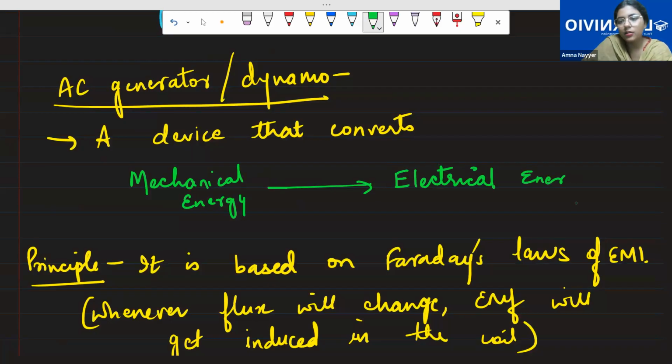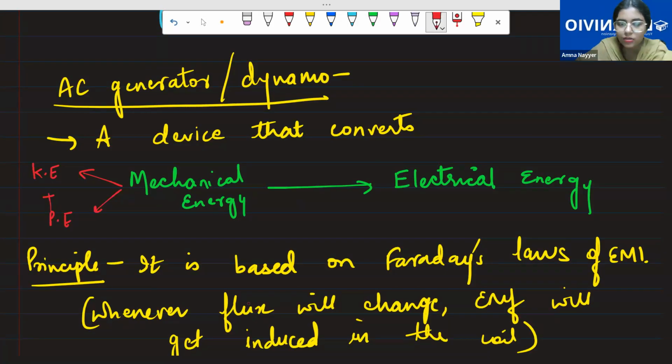Now, how mechanical? Basically, in an AC generator, the coil rotates. What is mechanical energy, by the way, class? Mechanical energy basically means kinetic energy plus potential energy together. That is what is known as mechanical energy.